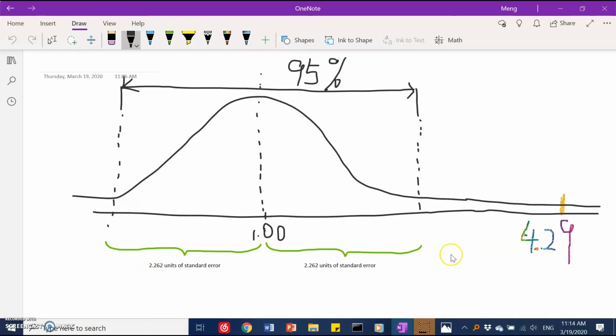So let's take a look at our obtained t-value, which is 4.29. It's way far away from this critical t-value.